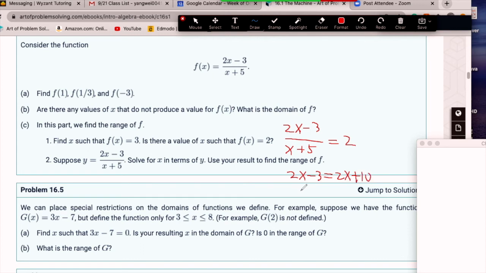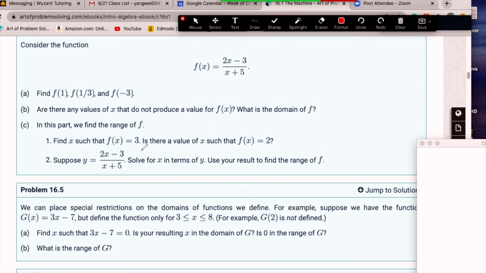Then the left side, you get 0 minus 3, equals 10. So the left side equals negative 3, the right side equals 10. This will never happen. It's not possible, right? So that means f(x) should not equal 2. So what happened here? Why should f(x) not equal 2?